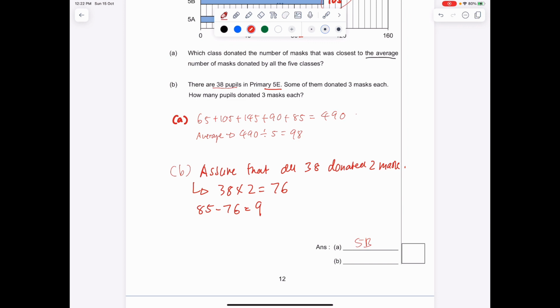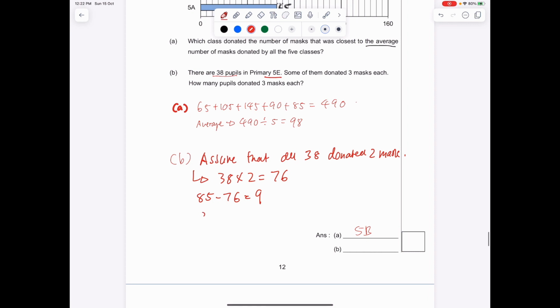So I then need to take this 9 divided by 3 minus 2, because in actual fact that did not happen, and my answer would be 9. So this is the assumption method that we have learned before.